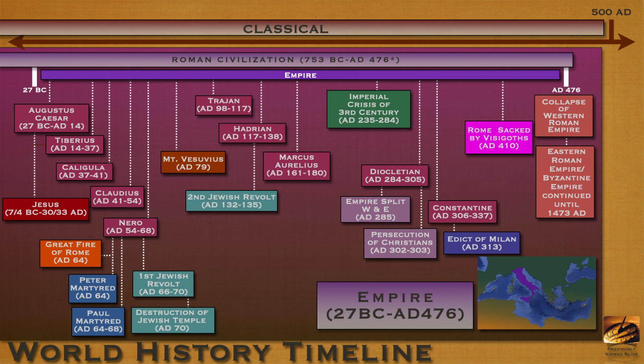We'll look at some additional emperors from the 2nd century AD, and then, of course, the imperial crisis of the 3rd century. That's going to be quite a critical time period for the Roman Empire.